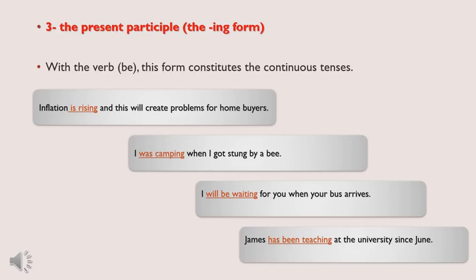Again, waiting is in its present participle or the ing form. James has been teaching at the university since June. Has been teaching, be plus ing. Been teaching. So teaching is in its present participle or ing form.